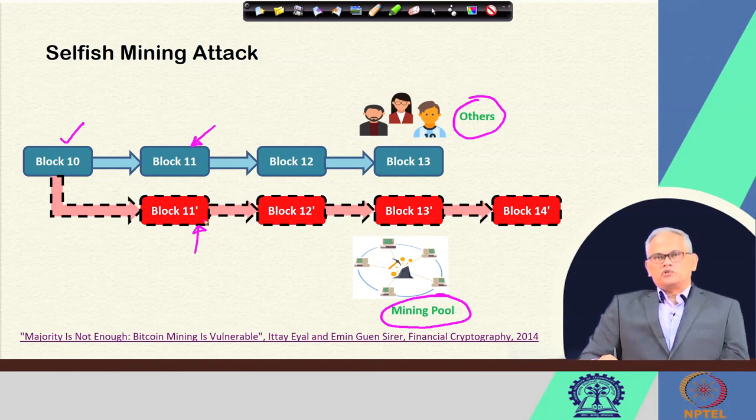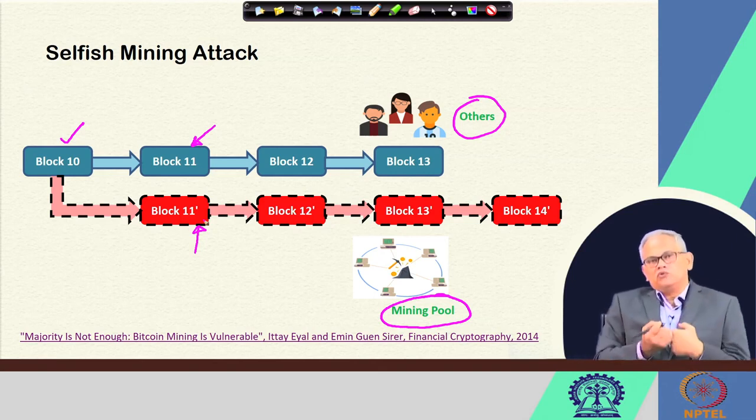You also had this other option: even though you could mine block number 11, which we denote as block 11 prime, you do not make it public. You just keep it to yourself.